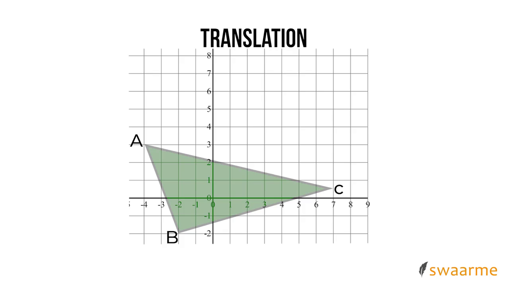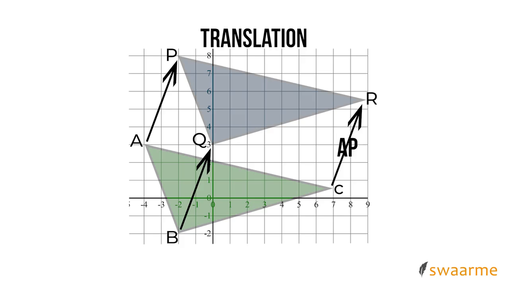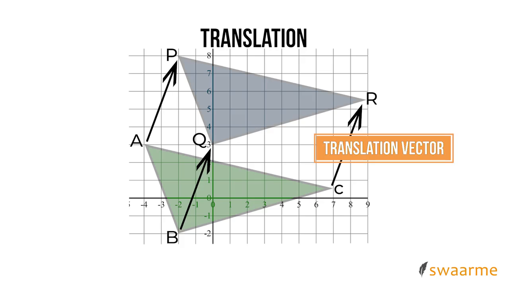Translation. Translation occurs when every point in a shape is moved the same distance in the same direction. As we can see in this example, triangle ABC has been translated to PQR. Therefore, vector AP equals BQ equals CR. Vector AP, or vector BQ, or vector CR, can each be described as a translation vector.